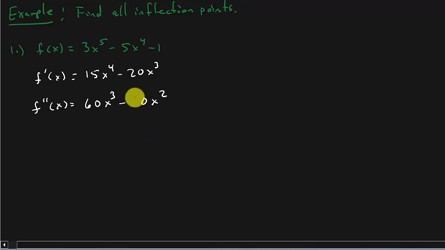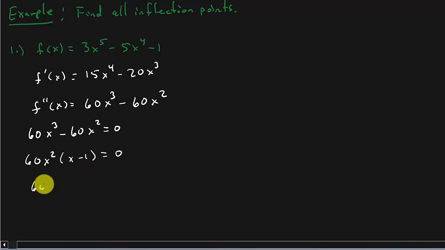I said 60 and wrote 20. All right, so now we've got 60x cubed minus 60x squared equals 0. We factor out a 60x squared, and we're left with x minus 1. So we have 60x squared equals 0, or x minus 1 equals 0. So x equals 0, or x equals 1.